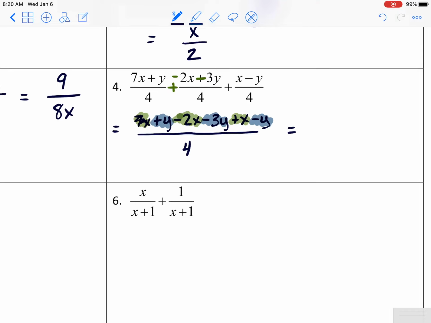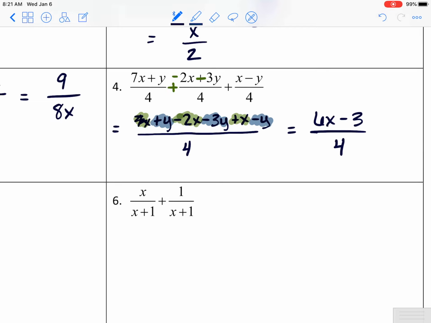So if I do my x's, I have 7 minus 2, then plus 1, sorry. So that leaves me with 6 x's. Now if I look at my y's, I have 1 minus 3 minus 1, so that gets me negative 3 all over 4.